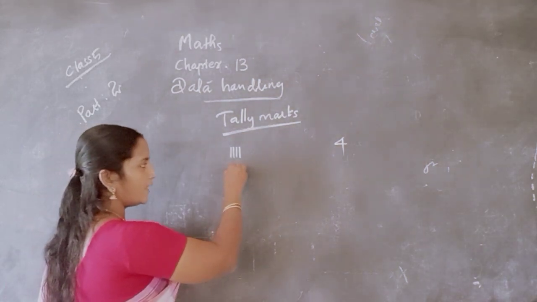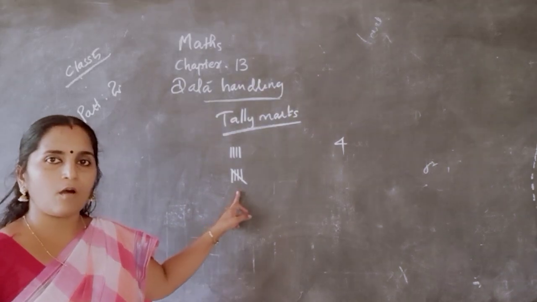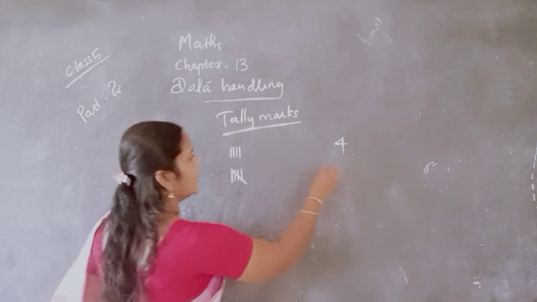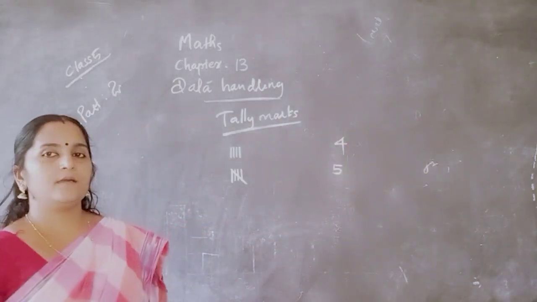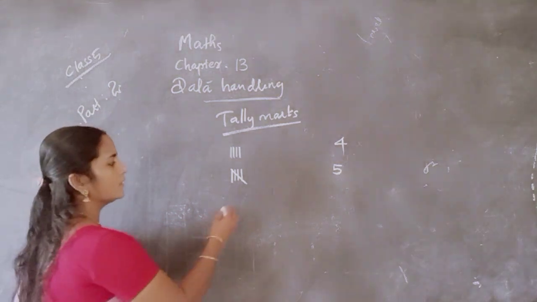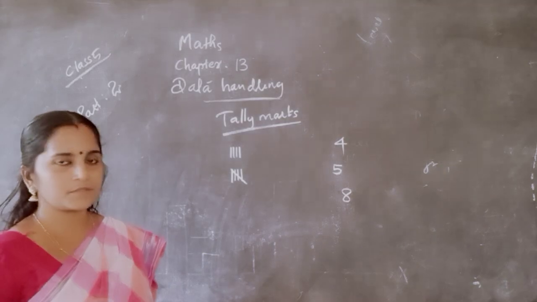Then you draw a slanting line like this which cuts all the previous vertical lines. And this is the number 5.